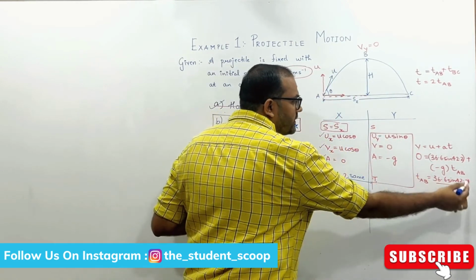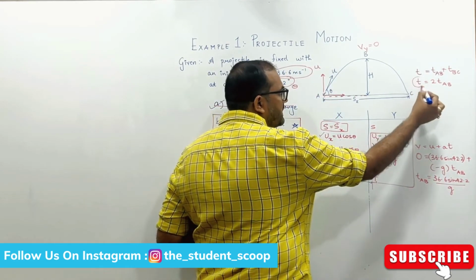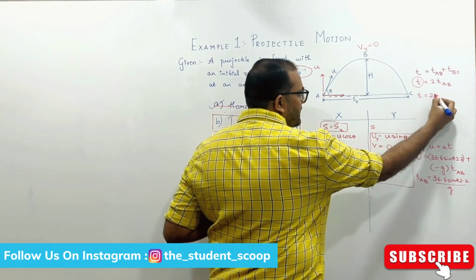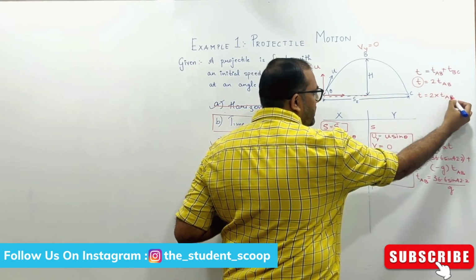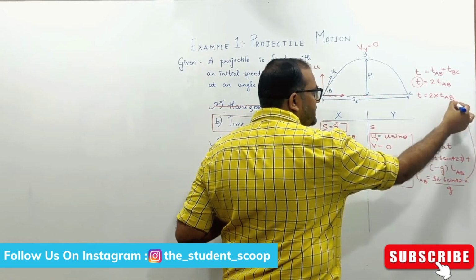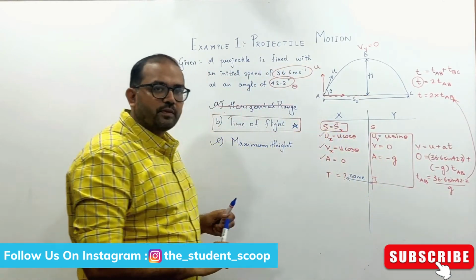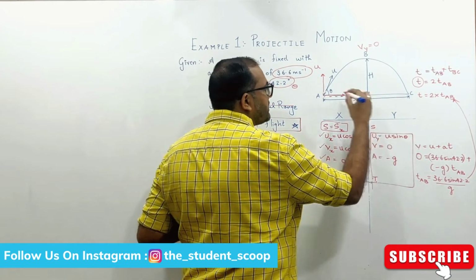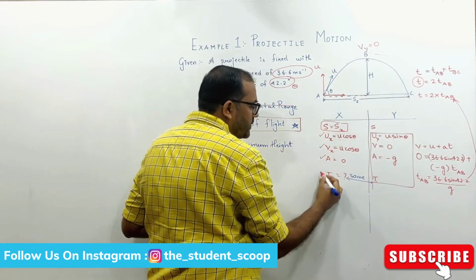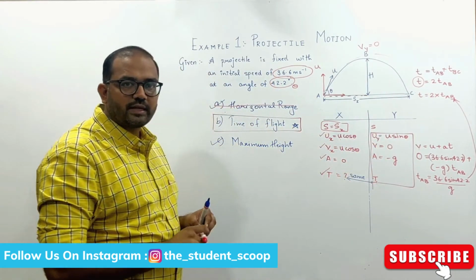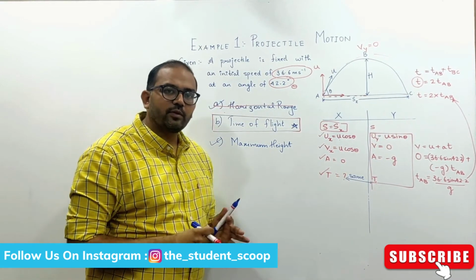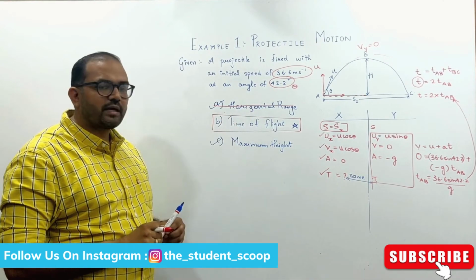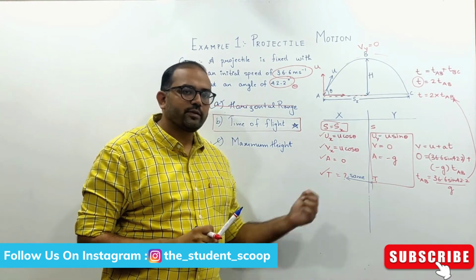Now since we know all the values in this set, we can determine the value of t by taking it as 2 times the time taken for it to go from A to B, which can be substituted right here. And once you know the time of flight for the entire journey, you will also know the time value in the x direction. And in a further video, we will now understand how to calculate the horizontal range using the value of time of flight.